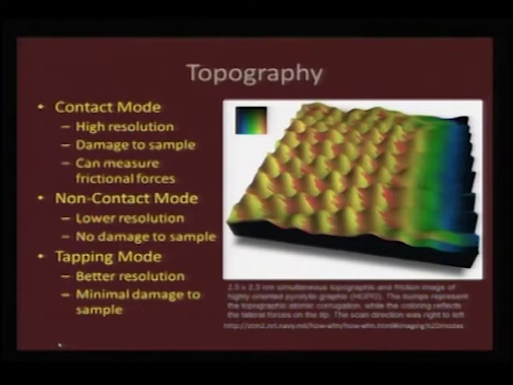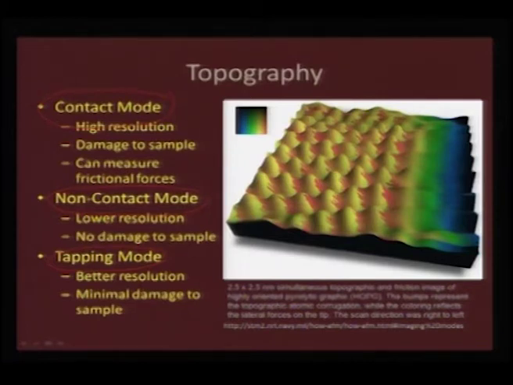This is typically a contour that you can generate out of an AFM microscope. What you see here is a pyrolytic graphite structure, and this tip scans through it, and there are different ways that you can scan this topography. One is using a constant mode or a contact mode, another one is a non-contact mode, and the other one is a tapping mode.